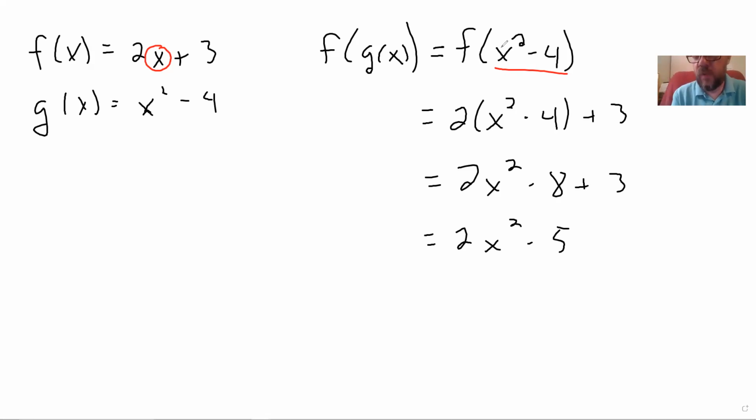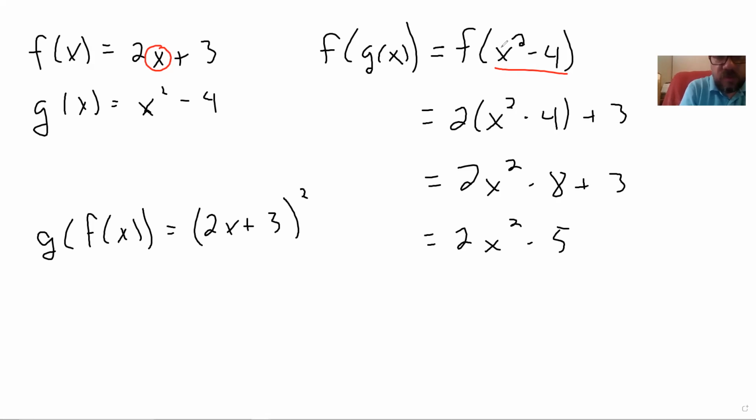Now, a thing I want to point out is I can also find g of f. And you might think to yourself, oh, I bet it's the same. Turns out it's not. So let's see what g of f looks like. G of f of x is going to be 2x plus 3 squared minus 4.